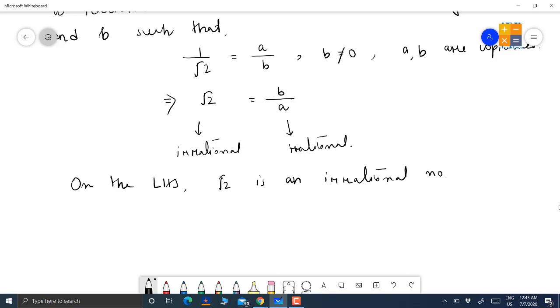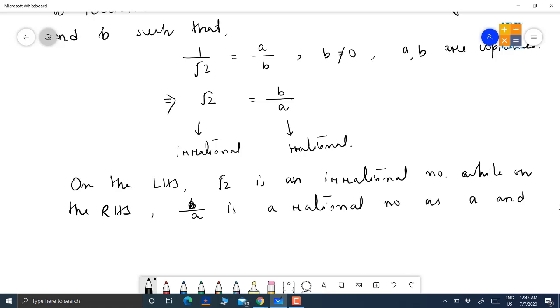Yes or no? While on the right hand side we find what? On the right hand side we find that b by a is a rational number. Why so? Because a and b both are integers.